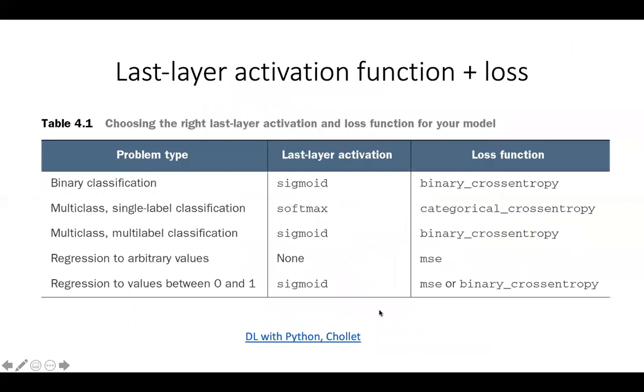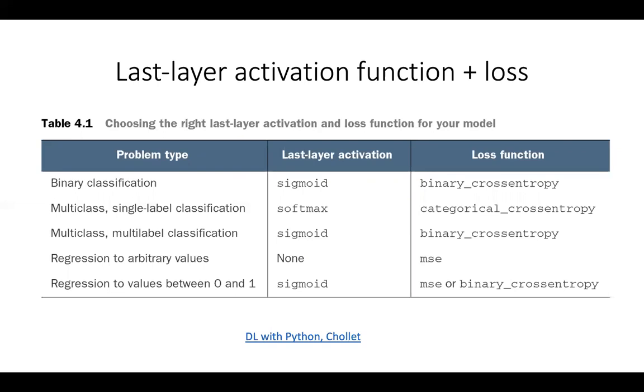So this is a table from Deep Learning with Python, the course book, which basically illustrates how you choose your last layer activation function and loss function. First, you need to decide what kind of problem you have. Depending on that, you choose the activation function in the output layer, or the last layer. And depending on that, you choose the loss function.